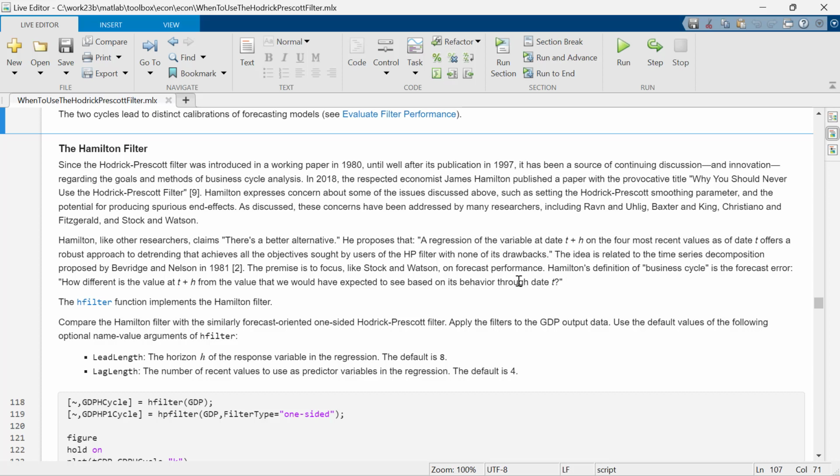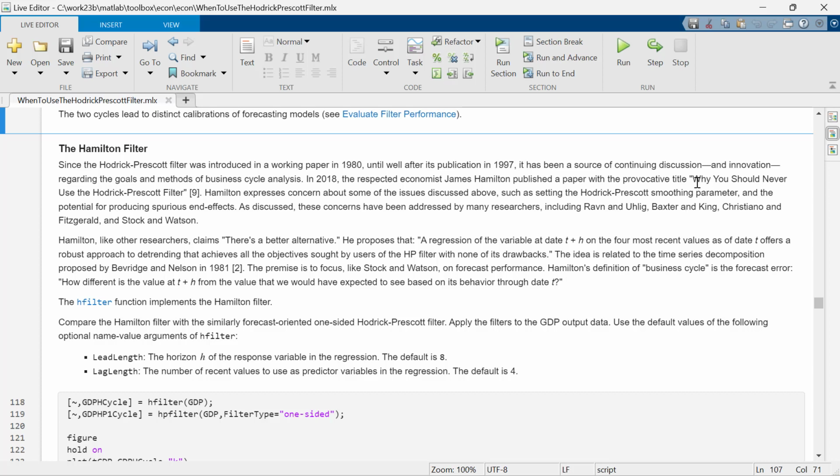And Hamilton goes on to express some of the same concerns that Stock and Watson did about forecasting abilities, that there are different smoothing parameters you can set in the Hodrick-Prescott filter, different ideas about what are the right ones to extract the trend, the fact that the two-sided filter created these end effects that affected forecasting, and that maybe gave unrepresentative results when you did the forecasts.